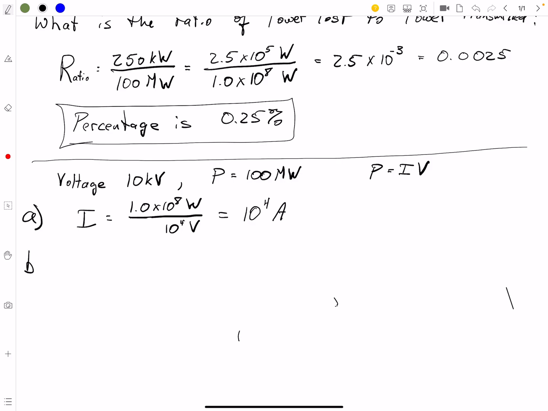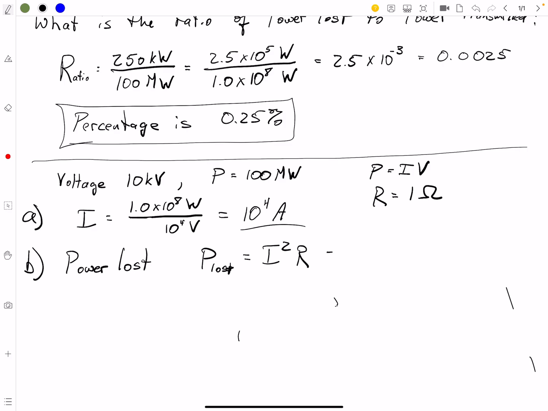Great. B. What was B again? I don't know. We want to know the power loss. Okay, so power lost. In order to get the power lost, we found out what our I is, so we're going to square I and we're going to multiply by R. The R is the same old R. It's still 1 ohm, okay?